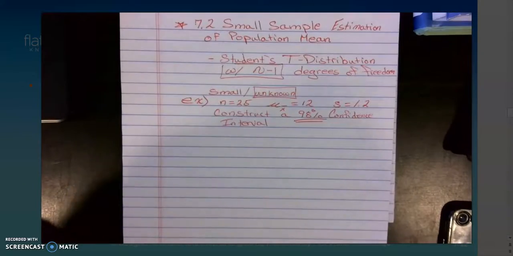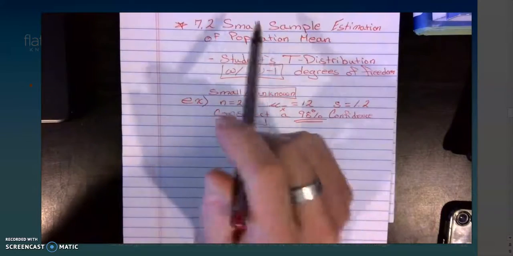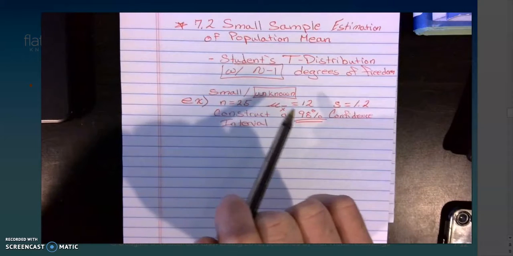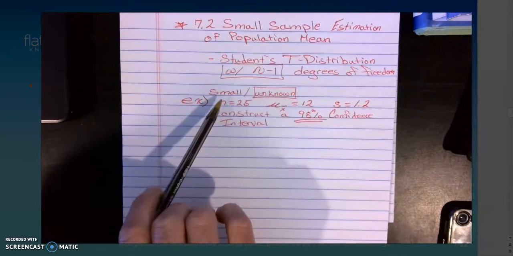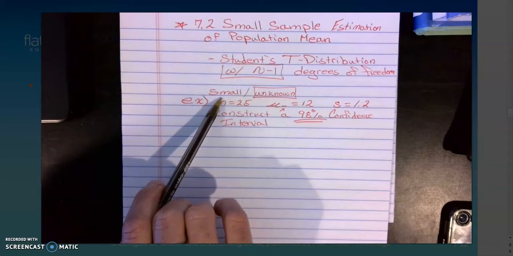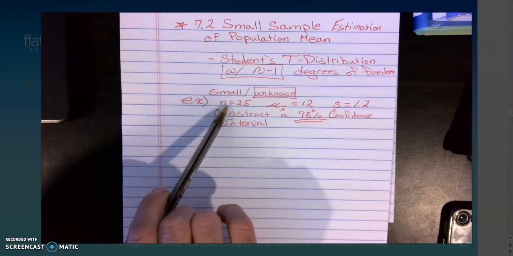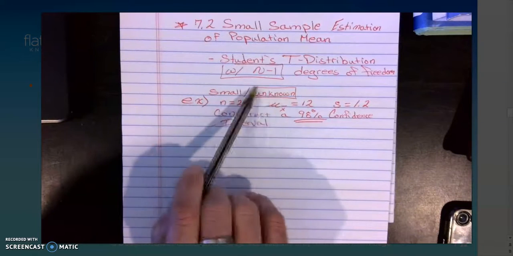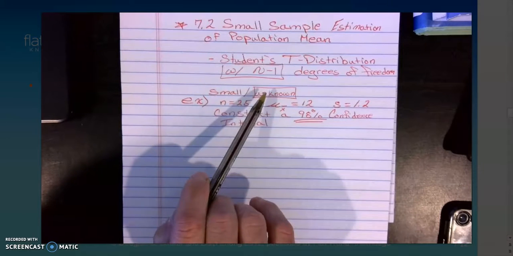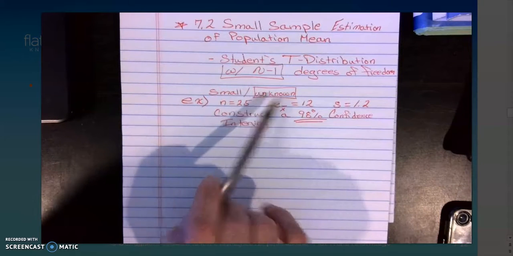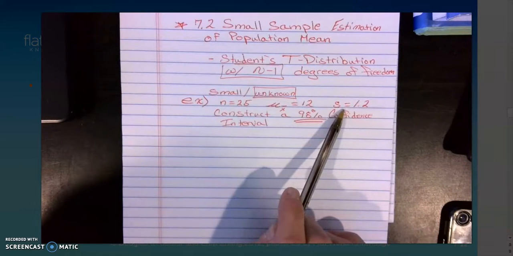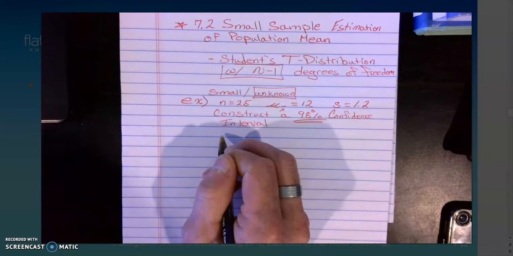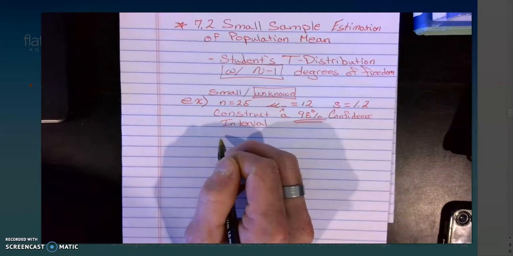Okay, so this example, obviously I have some notes on the top here, but it's what we just covered. Notice that we have an example that represents a small collection, so n is less than 30, and the standard deviation of the population is unknown. Because of that, the formula that we want to use was also listed on the previous slide.